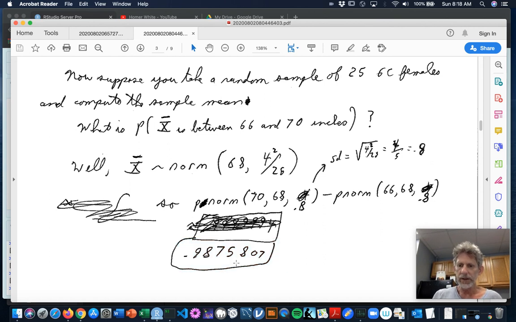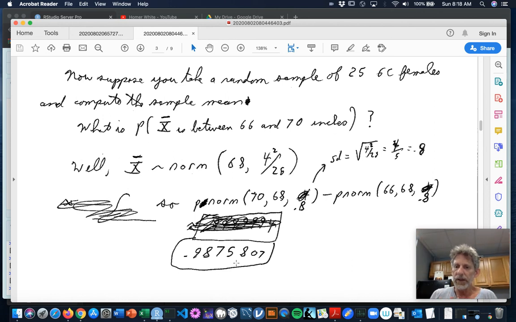So intuitively, this should make sense, right? Because when you grab one person, they could be 68, give or take 4 inches or so easily. When you grab 25 people, each of them could easily be 68, give or take 4 inches or so. You'll get some tall women and some short ones, but the talls and the shorts will cancel each other out around the sample mean.